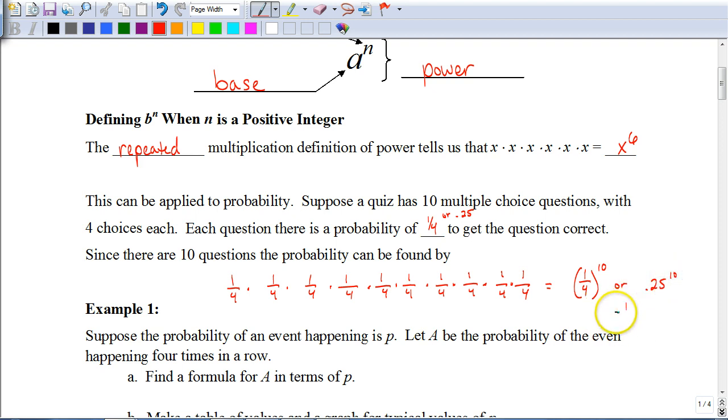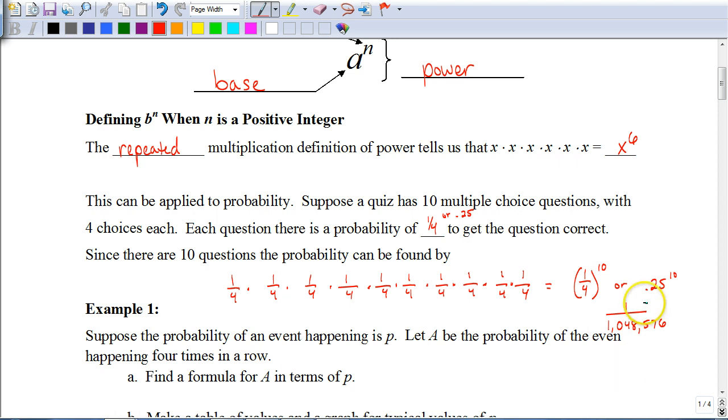Leaving it as a fraction, we get 1 over 1,048,576. So you have a little over a 1 in 1 million chance if you guessed on that multiple choice test of getting all of them correct.